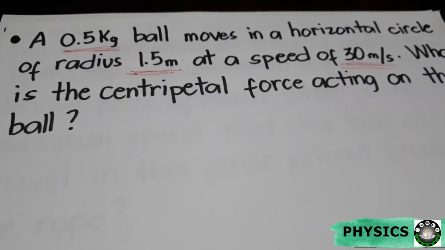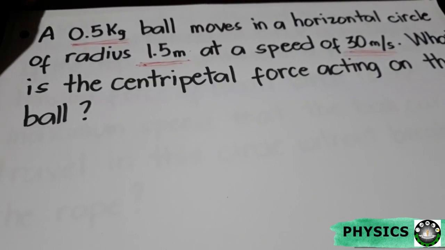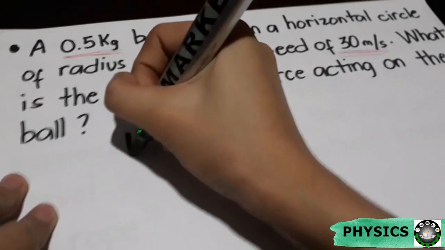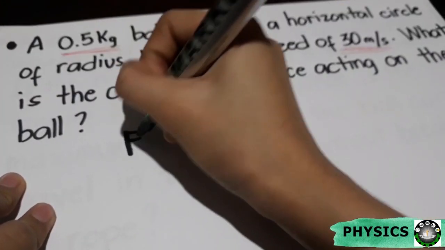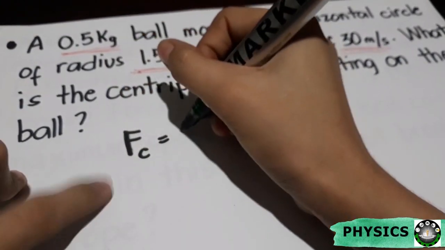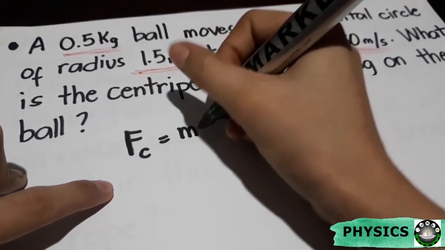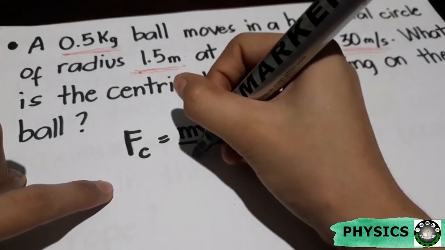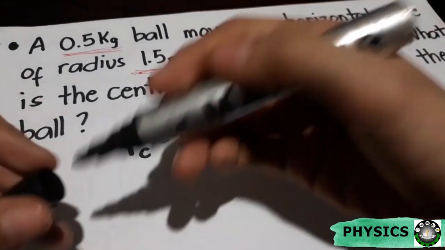We are looking for the value of centripetal force, and the formula for that is centripetal force is equal to mass multiply the velocity squared over its radius.